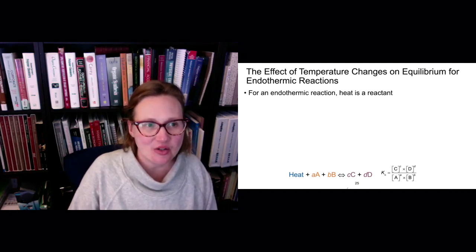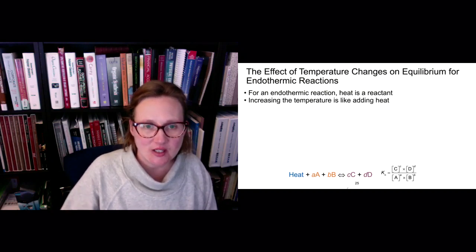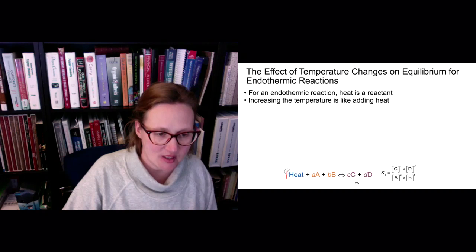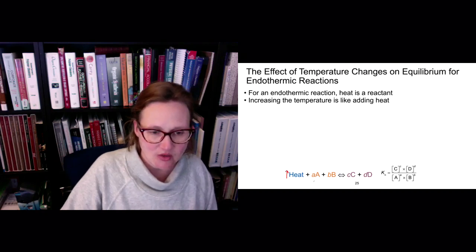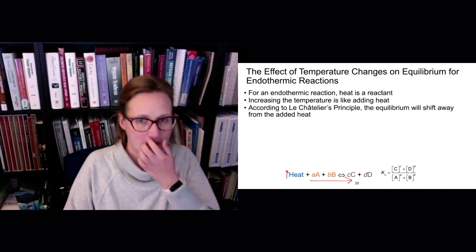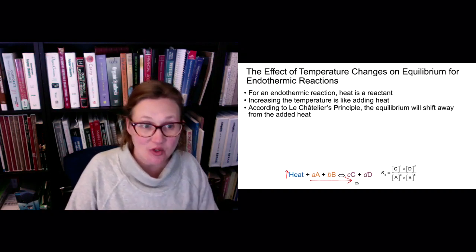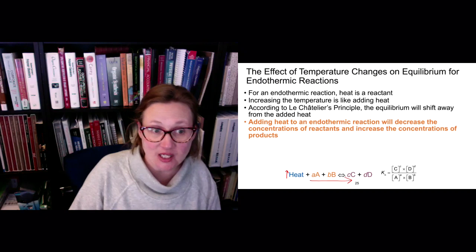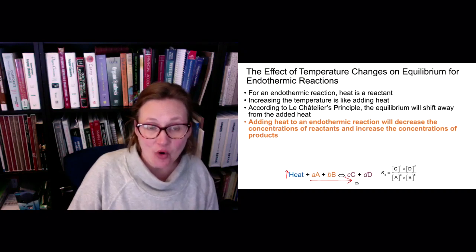All right, so let's use the endothermic reaction. Here, heat is a reactant, okay? So if we increase the temperature, we're going to send that reaction to the right or towards the products. So according to Le Chatelier's principle, we're going to shift away from the heat and we're going to add more products to this reaction.